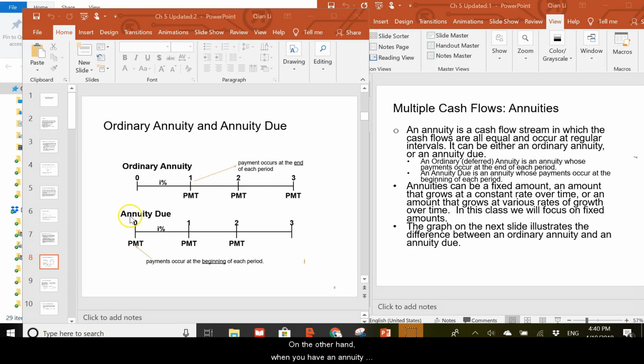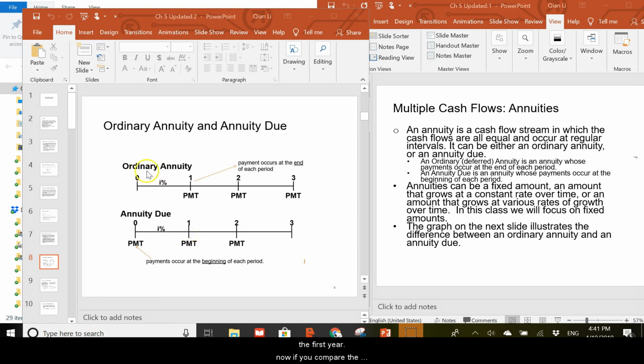On the other hand, when you have an annuity due, each payment occurs at the beginning of each period. So in this case, your first payment is actually made at the beginning of the first year, which is now. And the second payment is made at the beginning of the second year, which is actually the end of the first year.